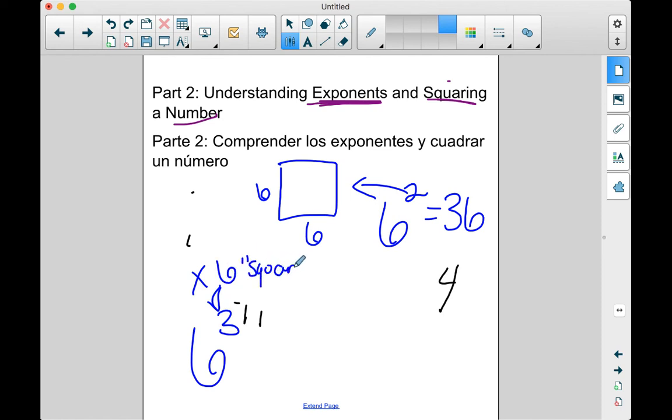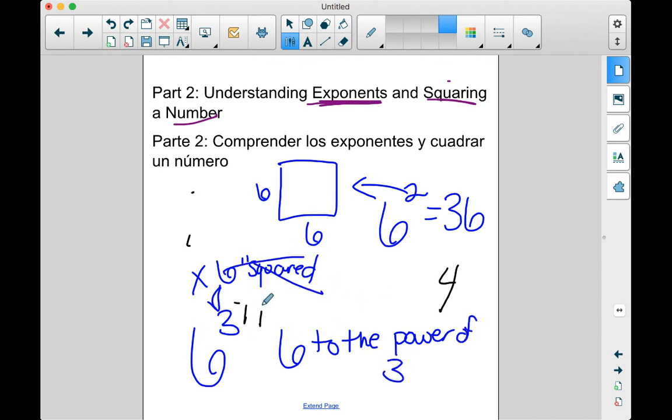That would be what we call 6 to the power of 3 is how we would read that. We do not say 6 squared. That is 6 to the power of 3. So squaring a number means that number with a square, with a 2. That's what squaring the number means.